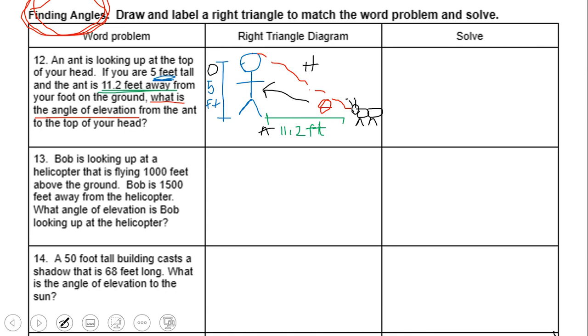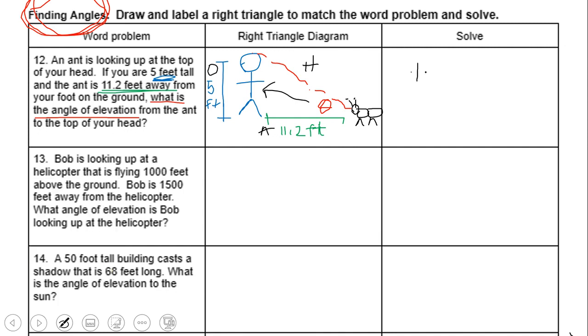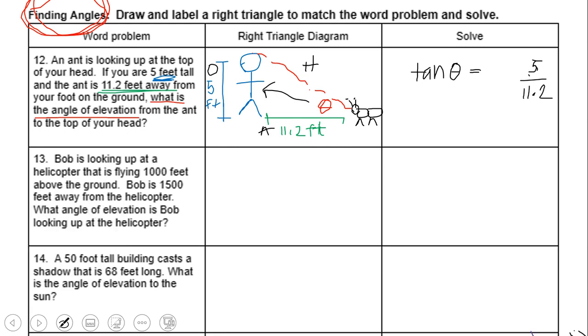So I know that tangent of my angle is equal TOA, O over A, 5. Tangent is equal to 5 opposite over adjacent, 11.2. And the goal is to solve for the angle. So I know I'm going to need to take my inverse tangent function.